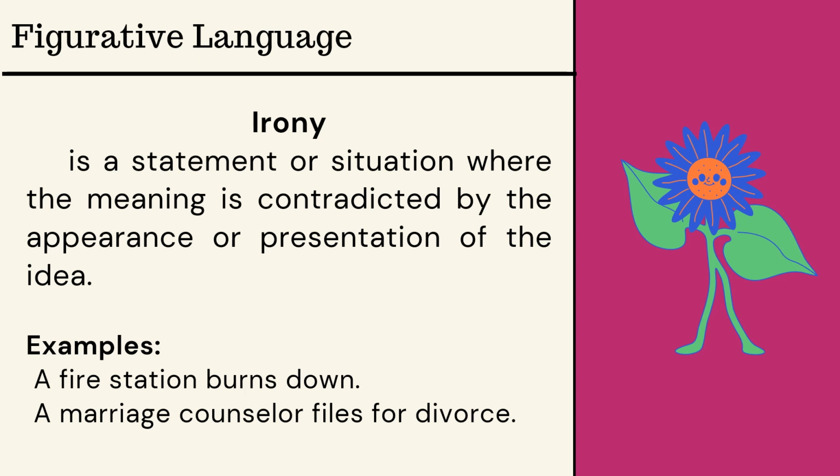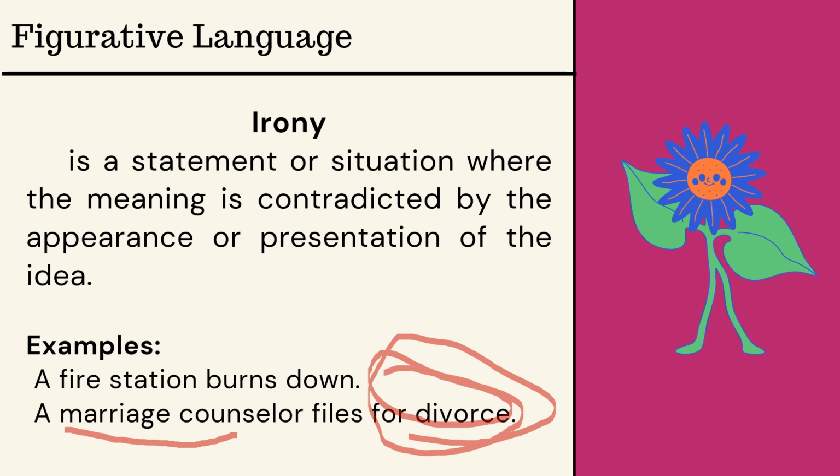Another thing, a marriage counselor files for a divorce. See? A marriage counselor's job is at least to help couples to fix their marriage. But in this sentence, the marriage counselor himself or herself files a divorce. So it's ironic because your job is to try to help a couple fix their own marriage.